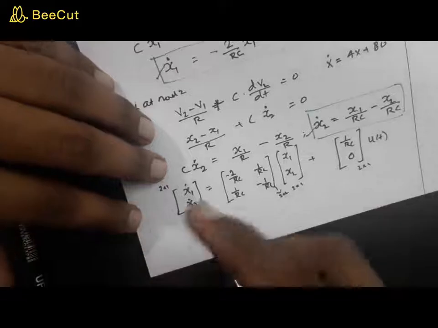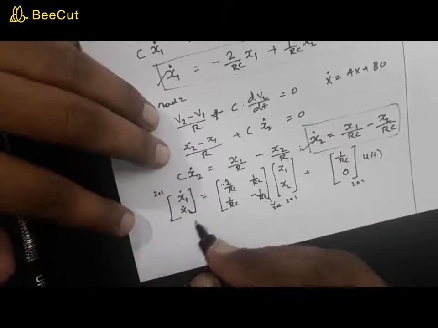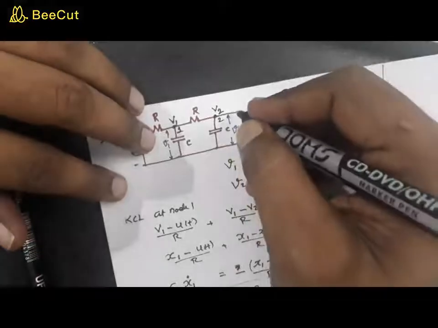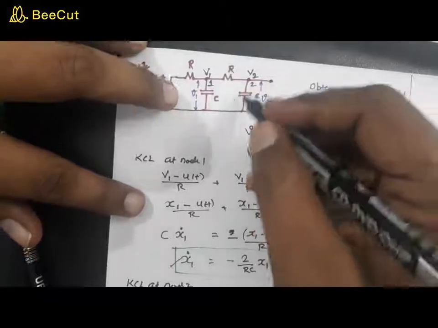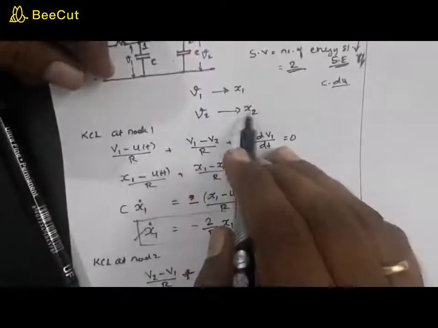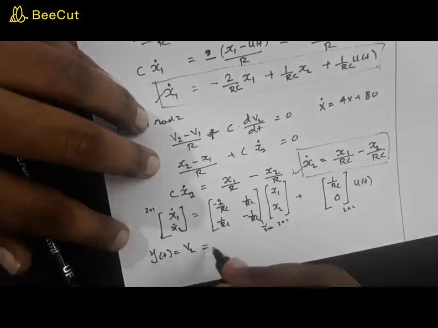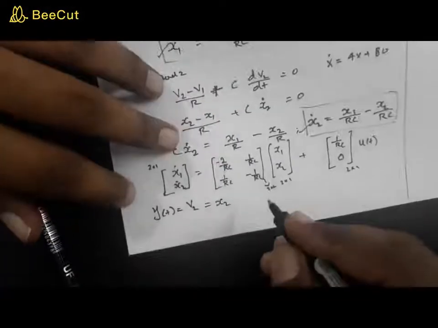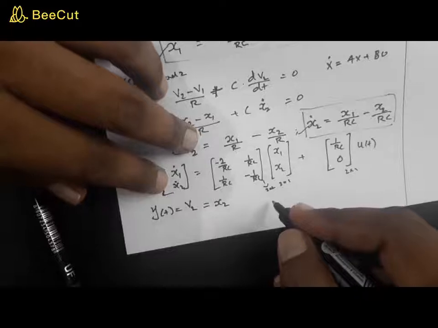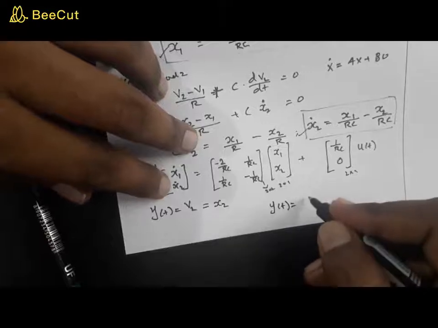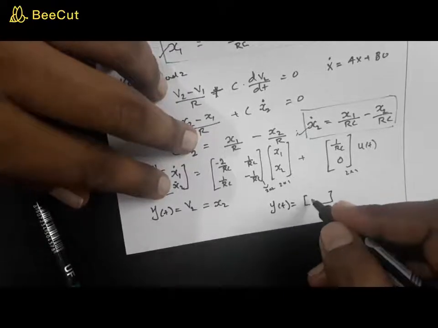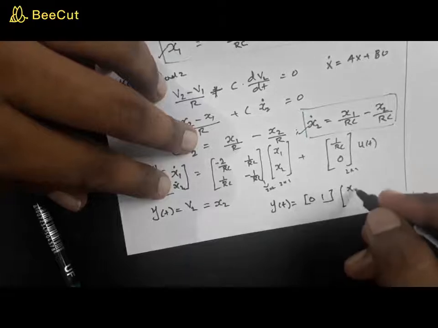Now, what must be your output? If I am going to take the output across this capacitor, your output y of t is actually equal to V2, the voltage across this capacitor. We have already assigned V2 to be equal to x2, so y of t is equal to x2, meaning y of t is equal to [0 1] times [x1 x2].